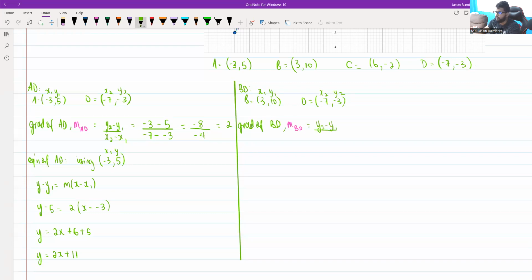The reason I want to write the formula again is so that I remember it. The best way to remember something is to keep writing it over and over. y2 take away y1, over x2 take away x1. Minus 3 minus 10 is minus 13, minus 7 minus 3 is minus 10. A minus and a minus is a plus. 13 over 10 is my gradient.